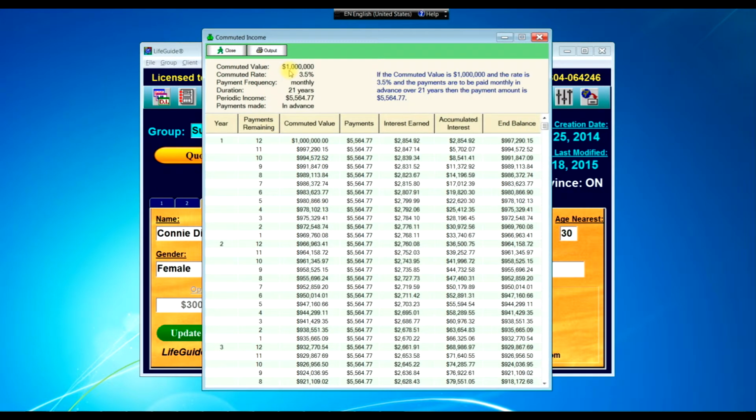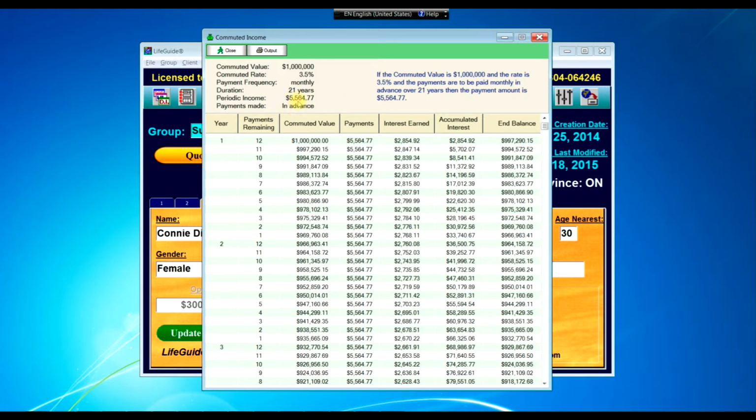We have $1 million worth of death benefit, and let's say we can invest it at 3.5% net of tax. We want monthly payments at the beginning of each month for 21 years. The payments will be $5,564.77, and as noted earlier, the payments are paid at the beginning of each month.